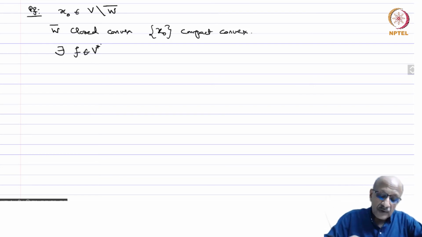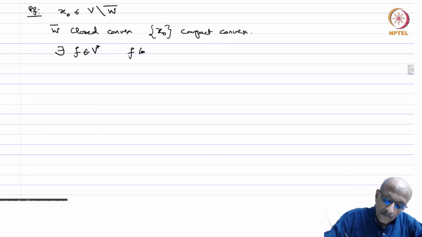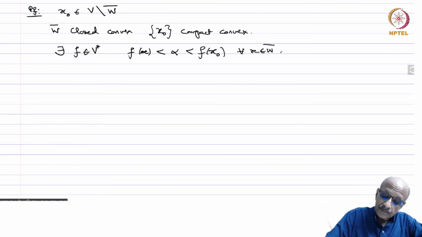I am not worrying about the alpha and the epsilon now. So we have that f of x is strictly less than alpha, and it is less than f of x naught, for all x in W bar.